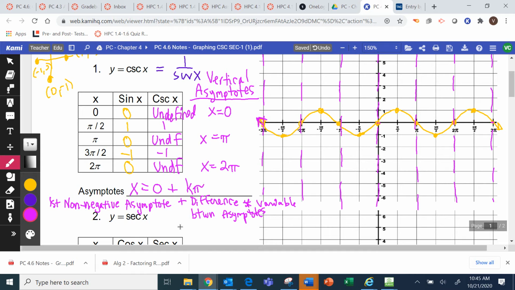Will that work for every single asymptote? If I start at 0 and I add on some value of pi, will I get to any other asymptote? Will that work? Can you give me an example that does not work? Can you give me a value of k that does not work?